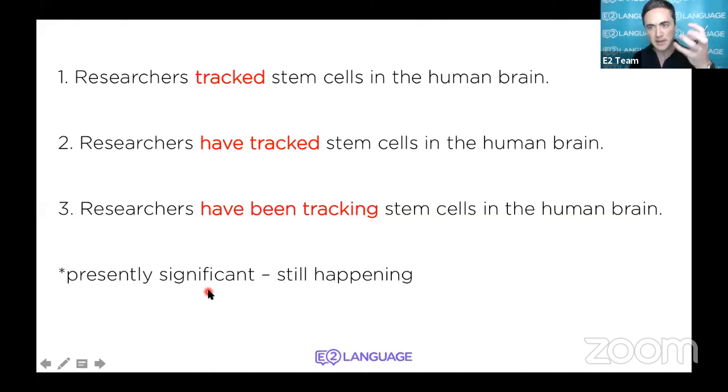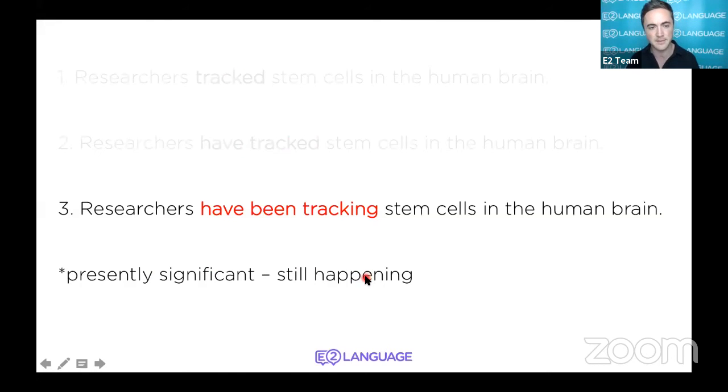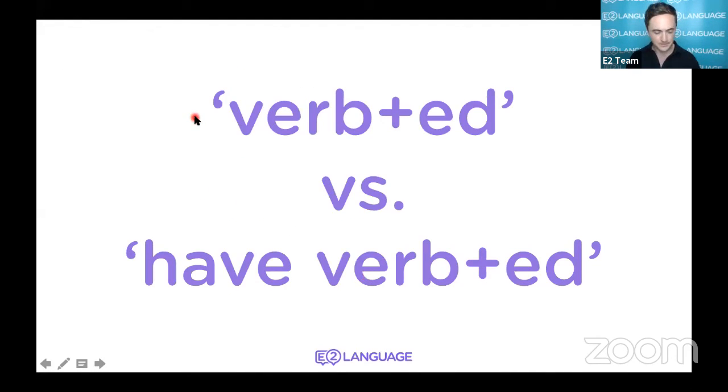So I'm bringing it from the past into the present because it's relevant now, and it's also still happening. So researchers tracked stem cells. No, that's back there. That's in the past and it's finished. What about researchers have tracked stem cells in the human brain? Well, that's also finished. It's not still happening. Researchers have been tracking stem cells in the human brain. Good. This is currently relevant. It's significant now, and it's also still happening. So it's number 3. Right.